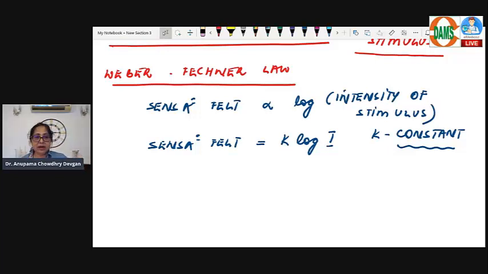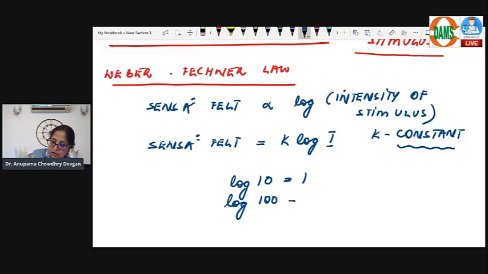Now, like I said, sensation felt is directly proportional not to the intensity, but to the log of intensity. What is the importance of this particular law? For example, you know that log of 10 is 1.